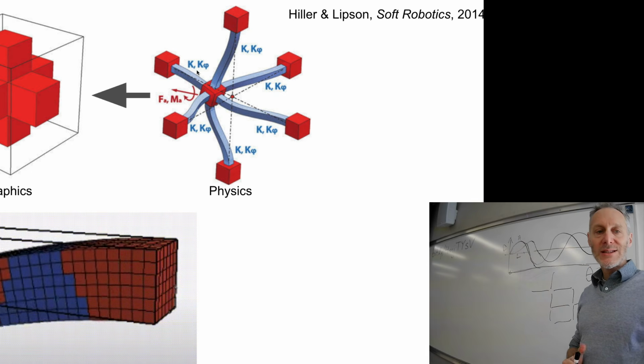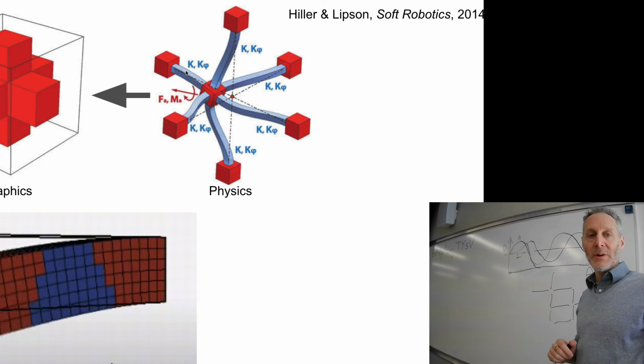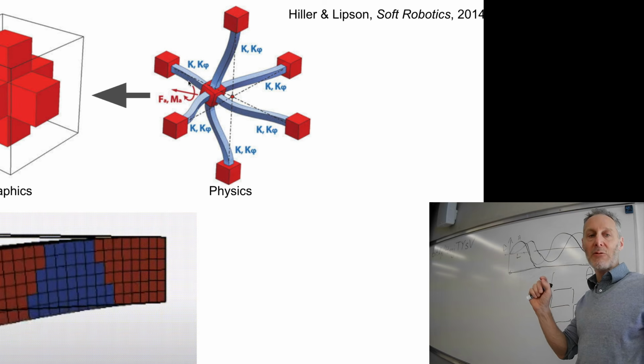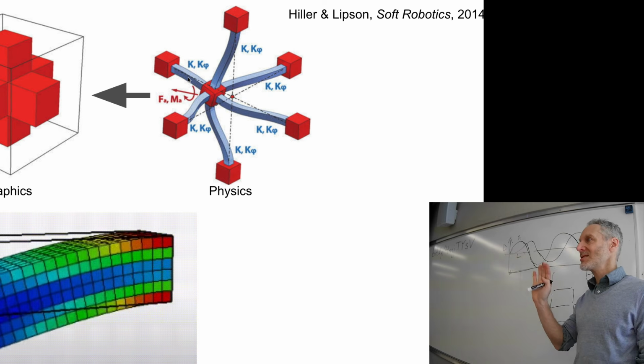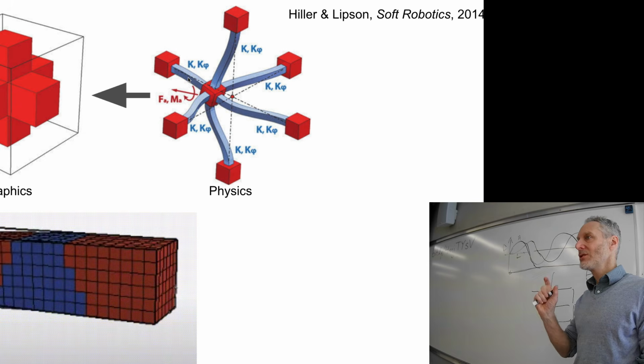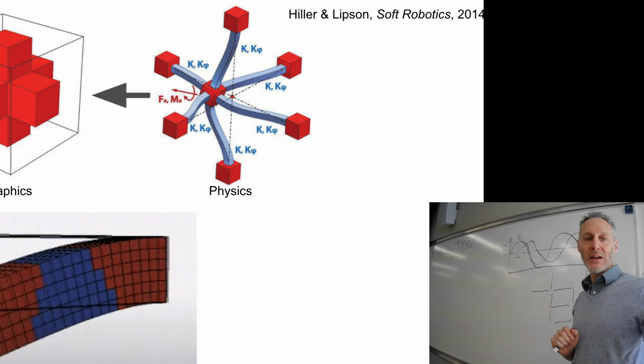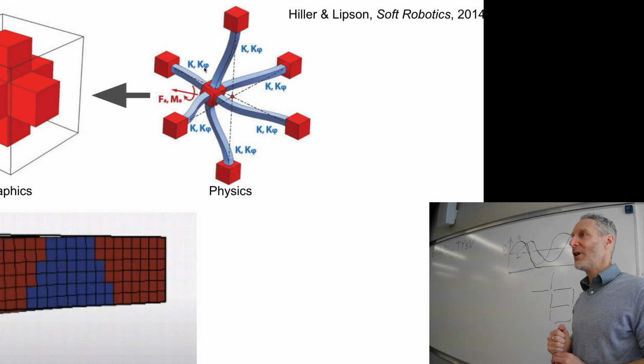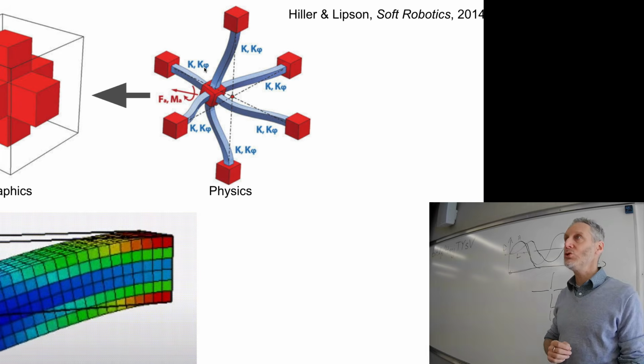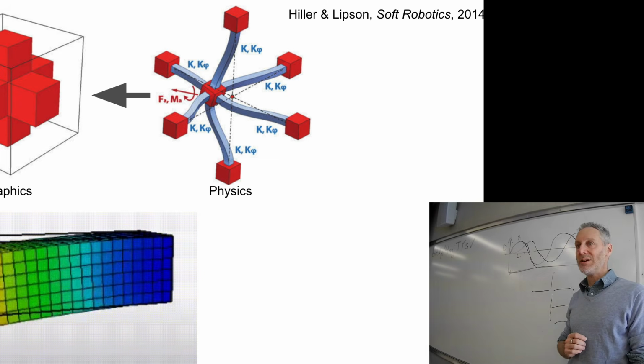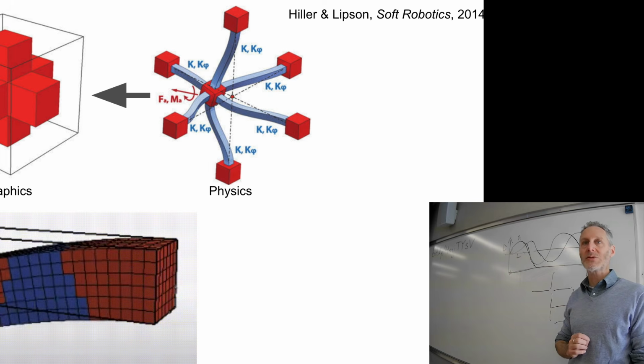All right. Let's think about these beams for a moment. In VoxCAD, every beam has 6 numbers attached to it, 2 sets of 3 numbers, K and K sub phi. K is the usual letter that's chosen for stiffness when we're talking about springs or materials.